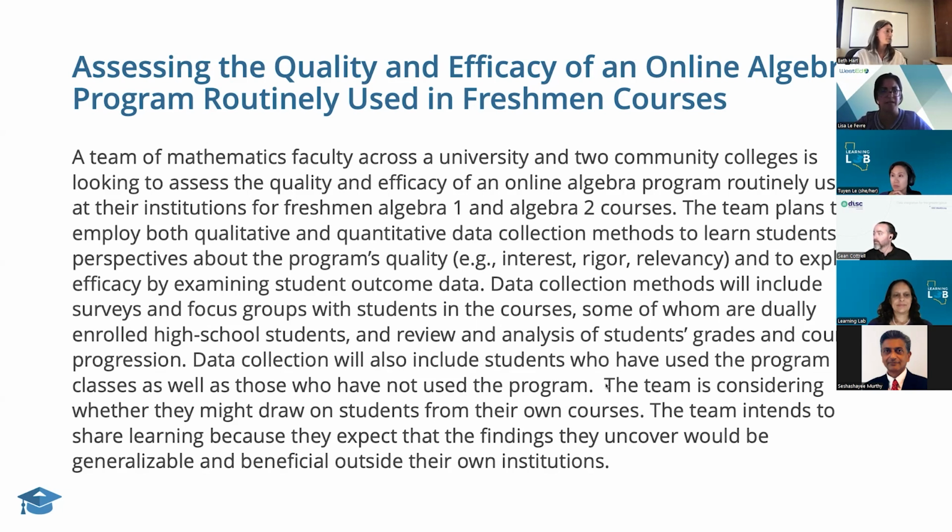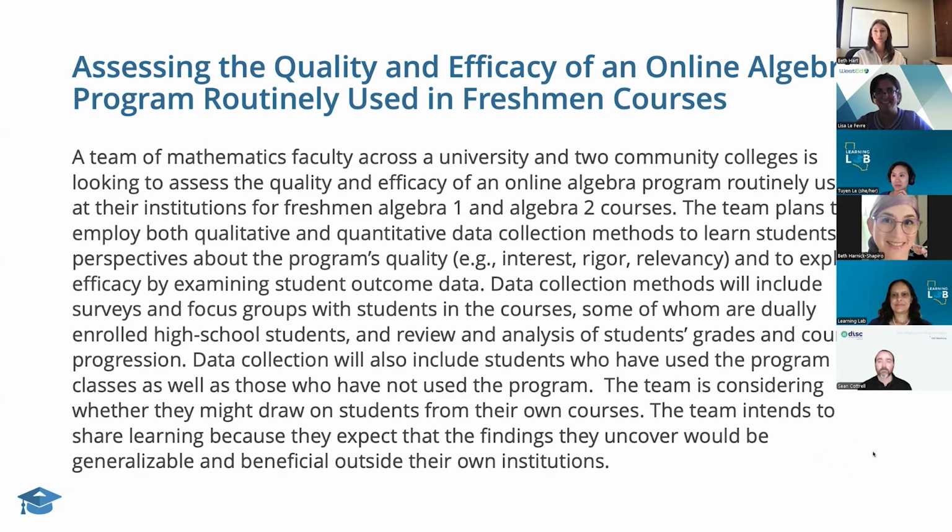We have a few minutes. What do you all feel about this last part, where the team is considering whether they might draw on students from their own courses? Ah, great, Beth. What do you think? Excellent. Yeah, in that case, I think you need to have a colleague or somebody else make the request of the student population in the class so that it doesn't feel like there's any undue pressure or issue within the class for their success in the class if they choose not to participate.